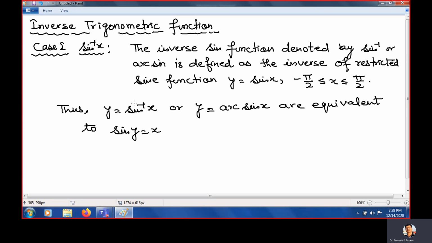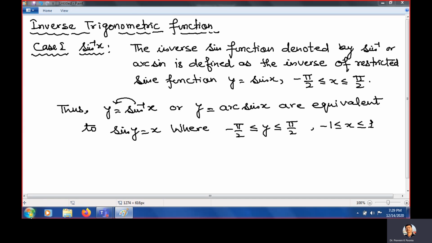You just shift this sine inverse to this side, it will be sine y is equal to x, where minus pi by 2 is less than equal to y is less than pi by 2, and minus 1 is less than x is less than 1. Clear?